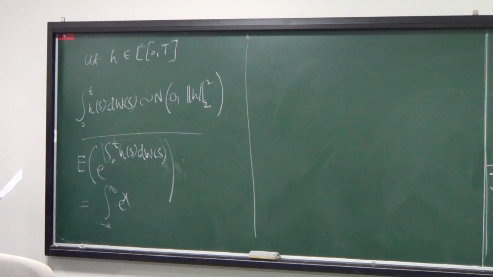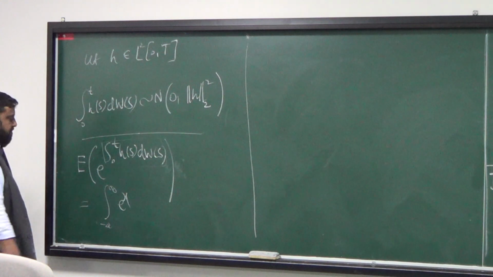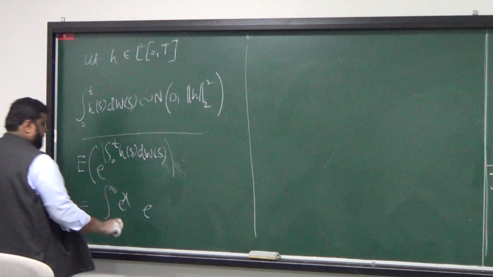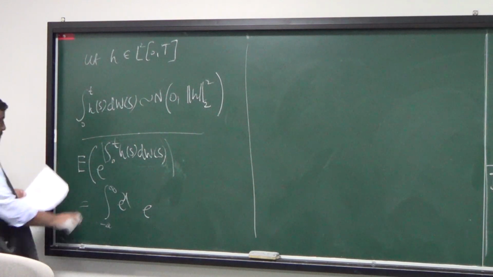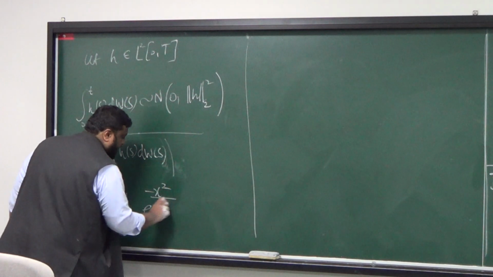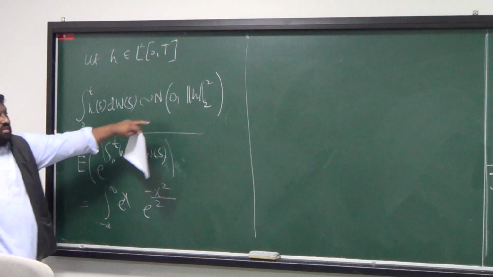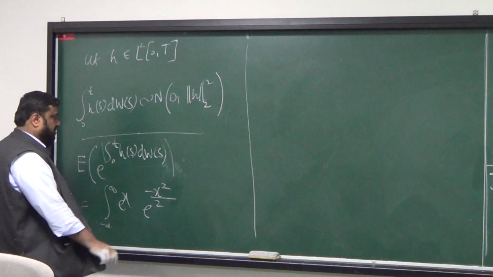And what would be the PDF of this guy? The PDF would be e to the minus x square over 2 times e to the 2 sigma square actually, and the sigma in this case is this H2 norm.